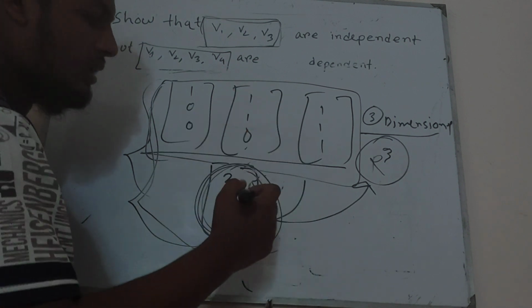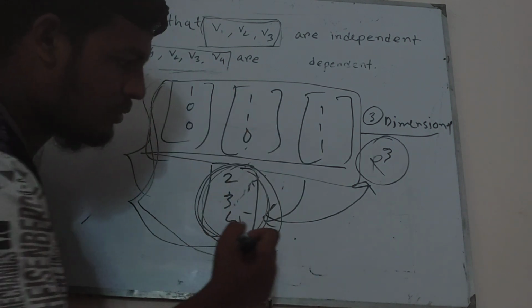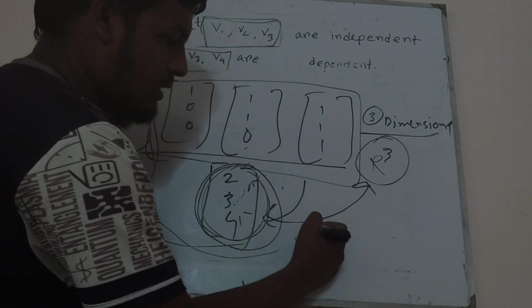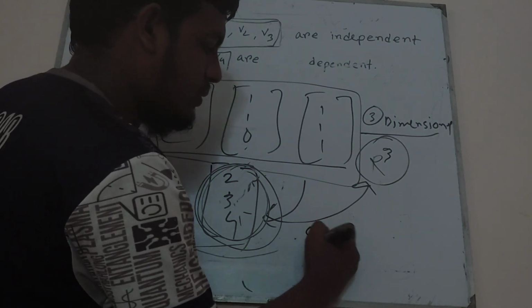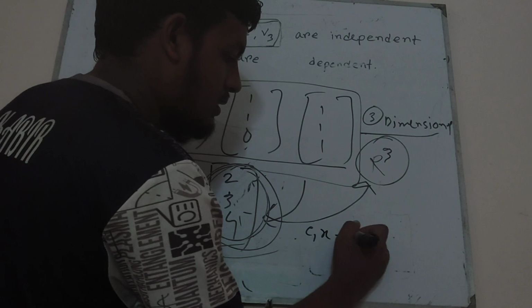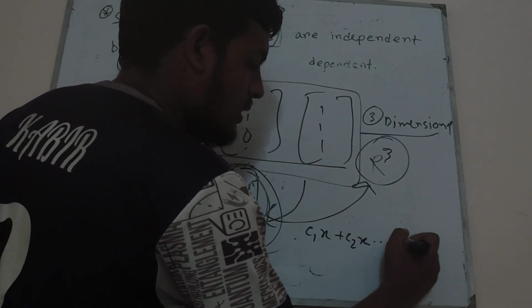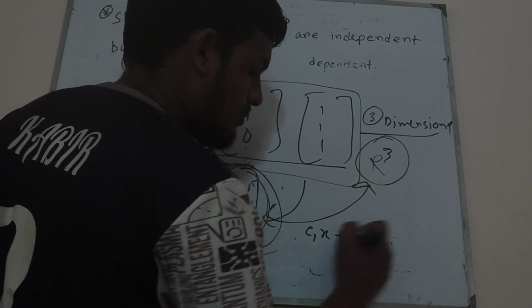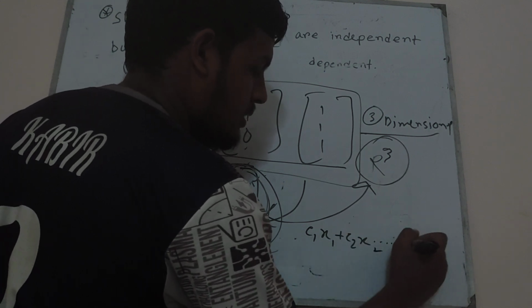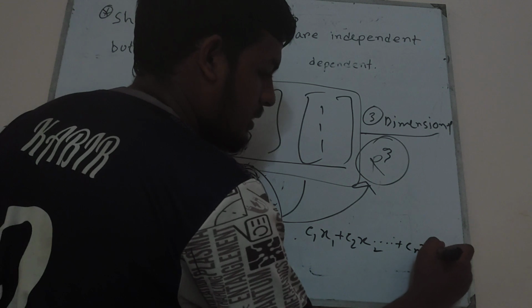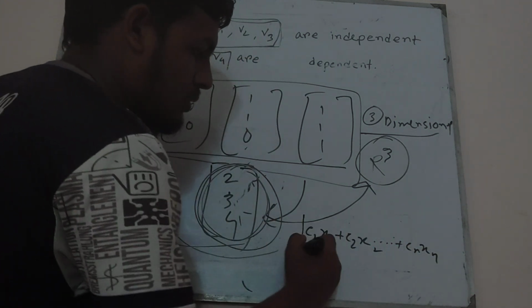What was the rule for linear dependence and independence? It was C1 x1 plus C2 x2 plus ... plus Cn xn.